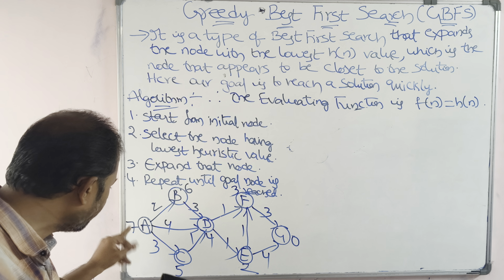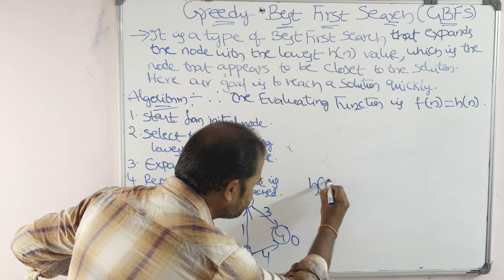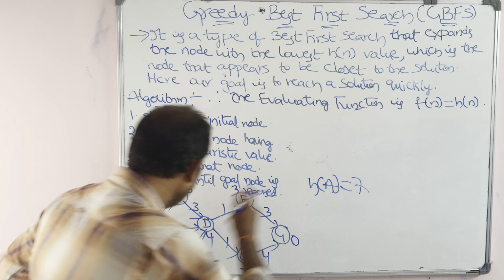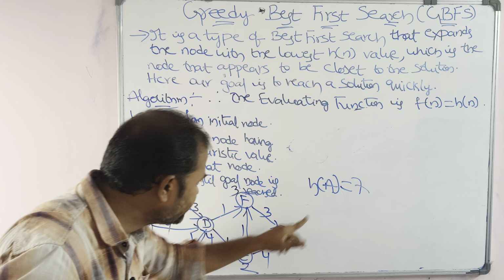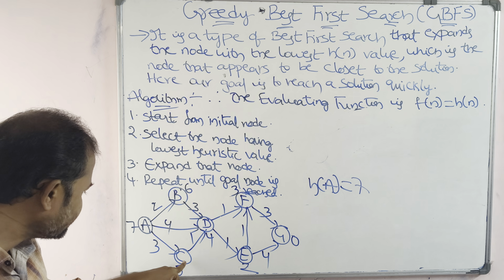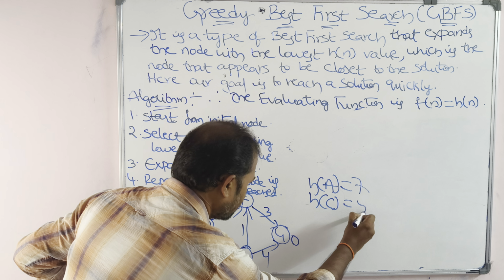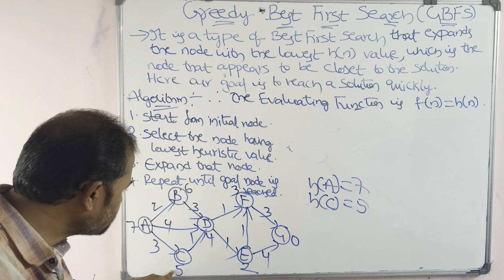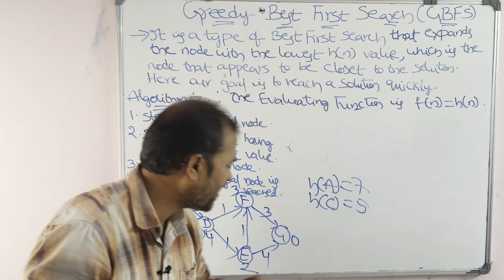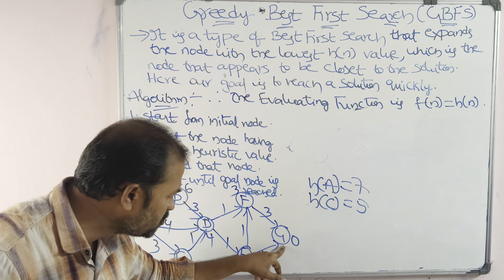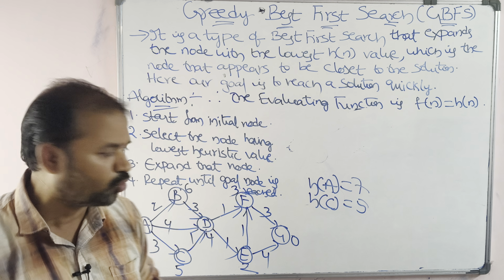So h of A equal to 7, the heuristic value of A is 7. If we consider C, h of C equal to 5. The heuristic value of the goal node is 0.